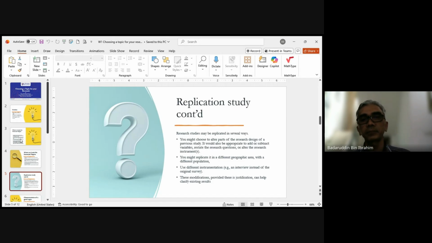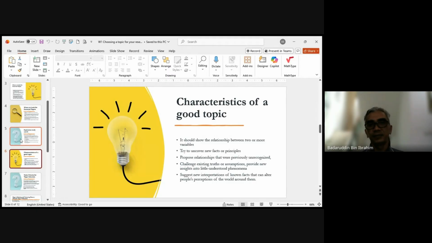All right. And then these are the characteristics of a good topic. What are the criteria of a good topic? Of course, this is a basic one, a very basic characteristic. For example, it should show the relationship between two or more variables. So one, keyword: topics.